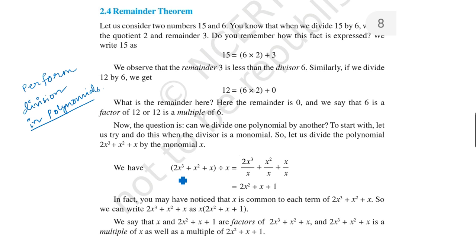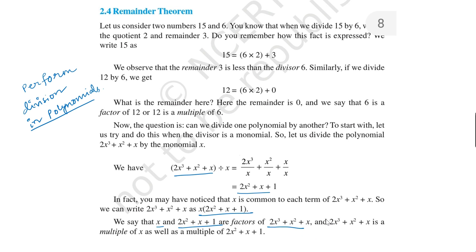If we divide 2x cubed plus x square plus x by x, we will get another polynomial, 2x square plus x plus 1. So we can take common x from 2x cubed plus x square plus x and write it as x into 2x square plus x plus 1. So we say that x and 2x square plus x plus 1 are factors of this polynomial.